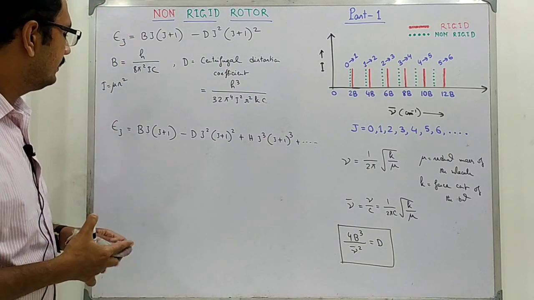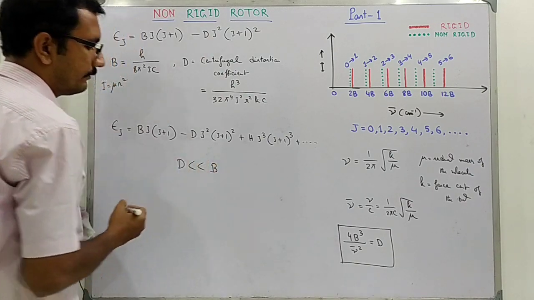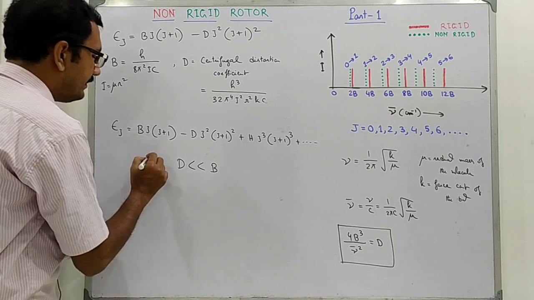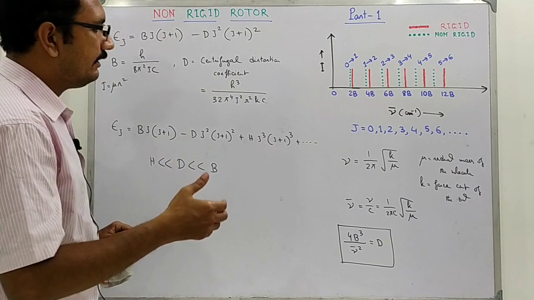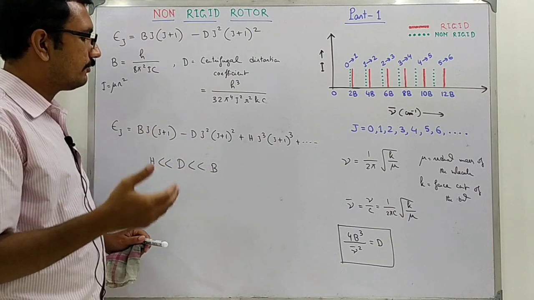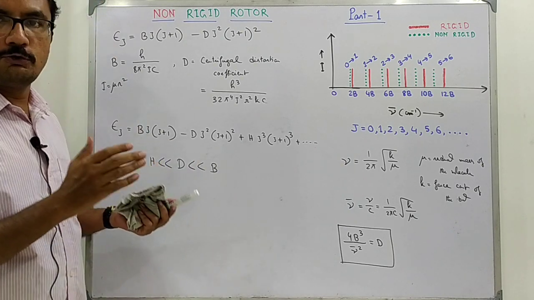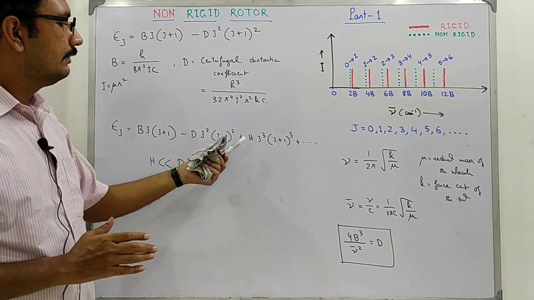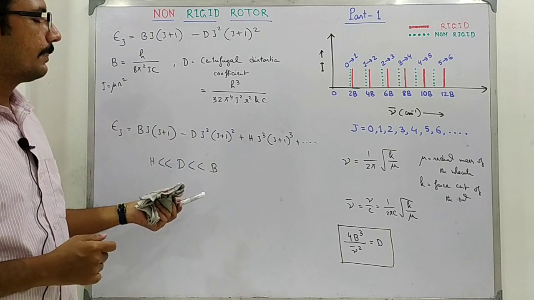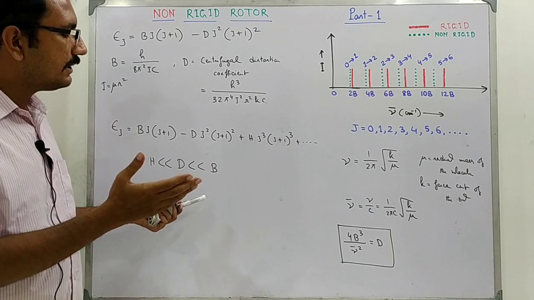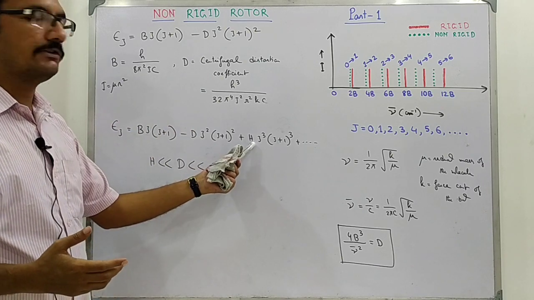But see, D is much less than B and H is much less than D, and even today the modern spectroscopic machines are not able to show you the change in the spectral positions, the modification of the position of the spectral lines that appear due to this H.